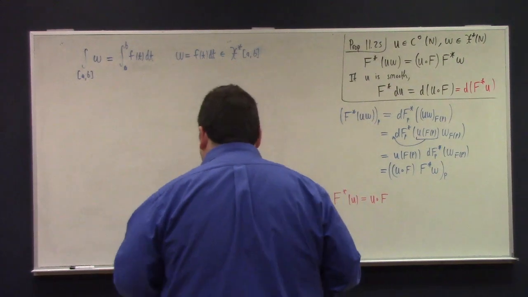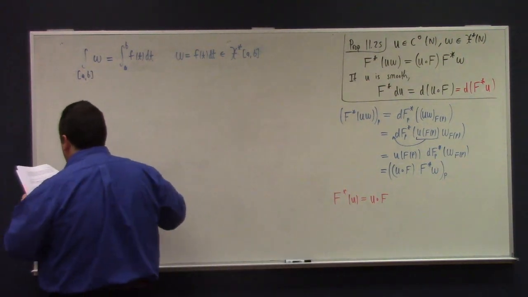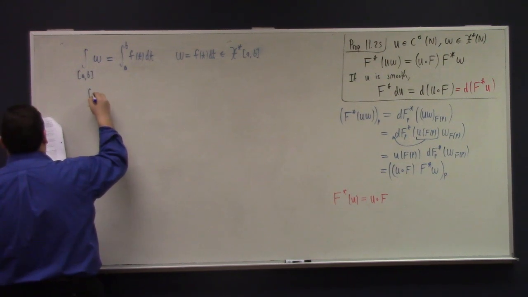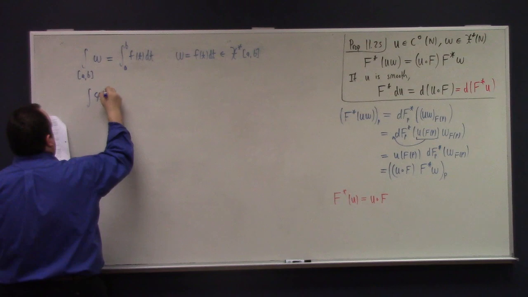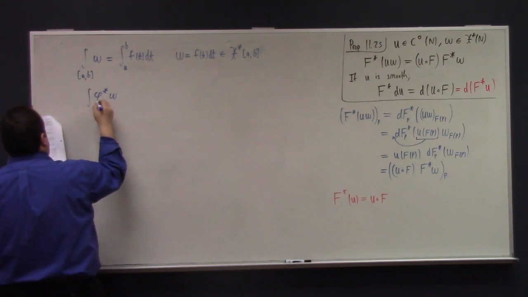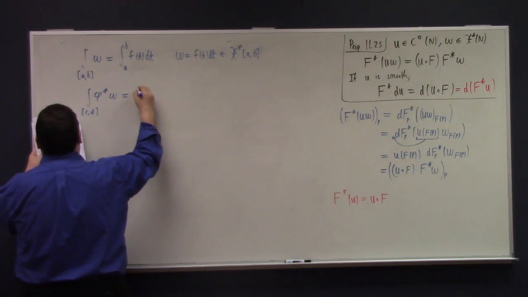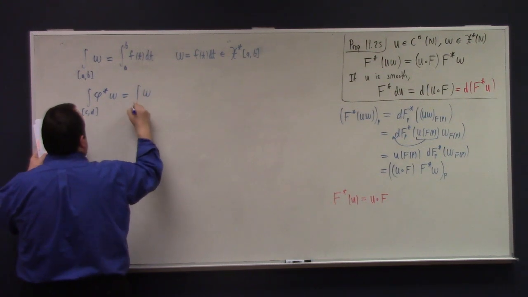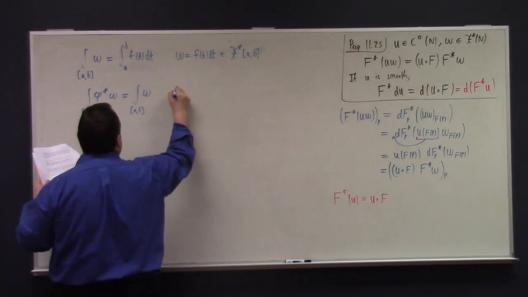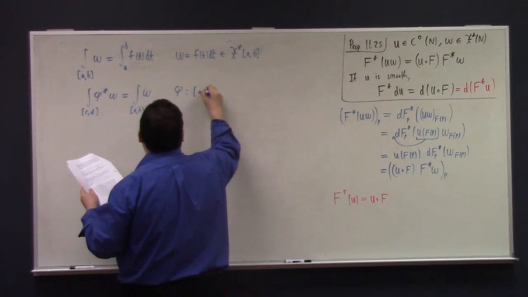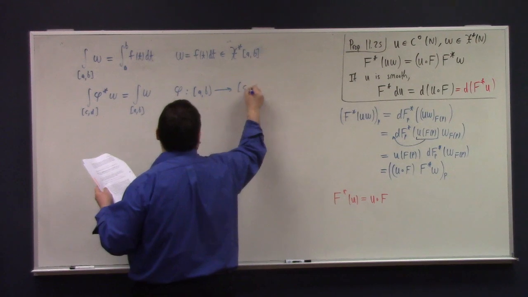He proves, among other things, that if you pull back omega under phi and integrate over c comma d, that's the same as if you just integrate omega over a comma b. Here, phi is a mapping that goes from a comma b to c comma d.